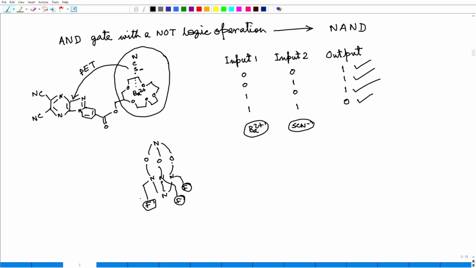Remember, I told you that it has poor chemoselectivity. That means, if copper is input, then we see strong fluorescence. If nickel is input, we see strong fluorescence. So, look at my English, copper or nickel or manganese or cobalt or iron.